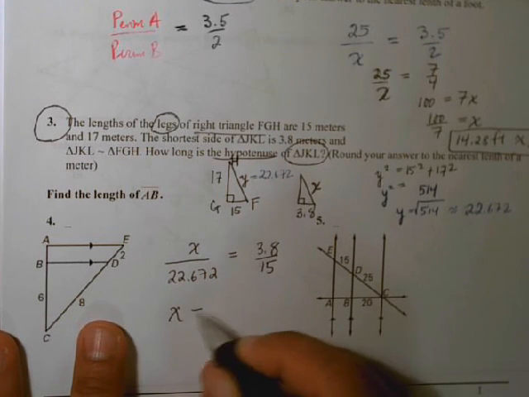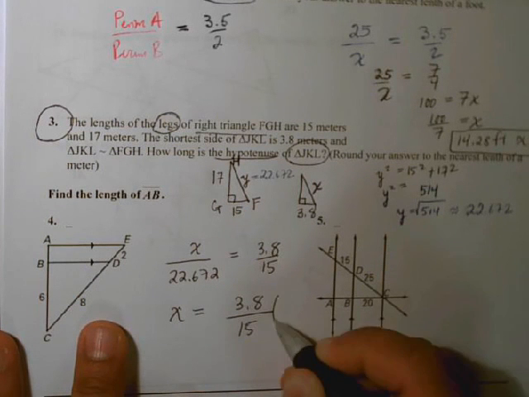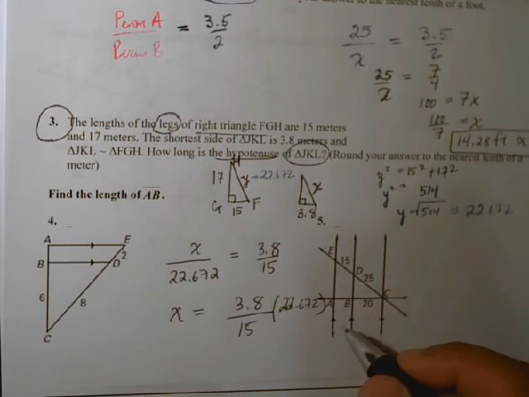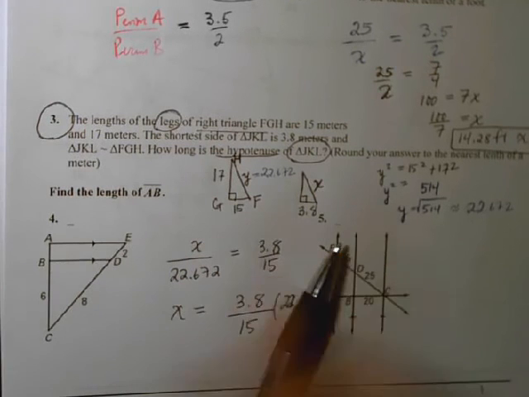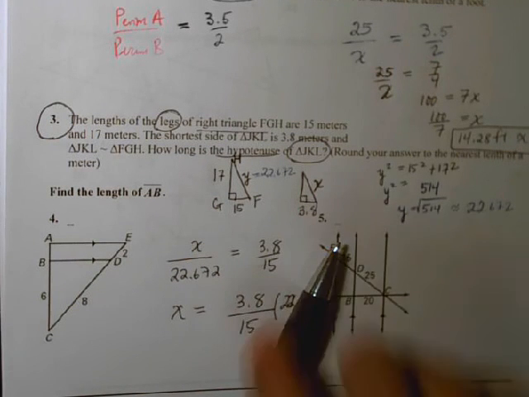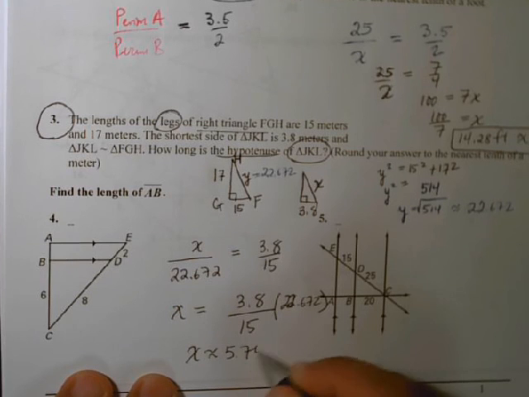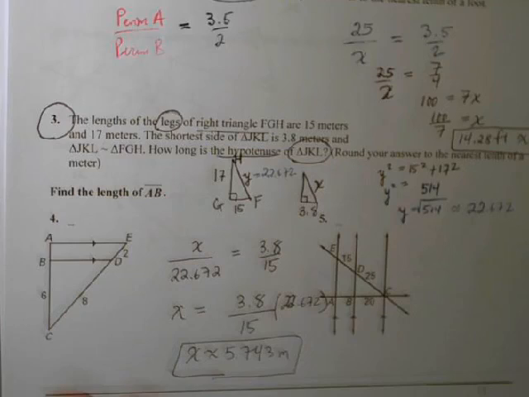Now we're going to multiply both sides by 22.672. This looks a little bit complicated, but all we have to do is let the calculator do the work, and we'll get our answer. Our final answer is x is approximately equal to 5.743. The units here are in meters.